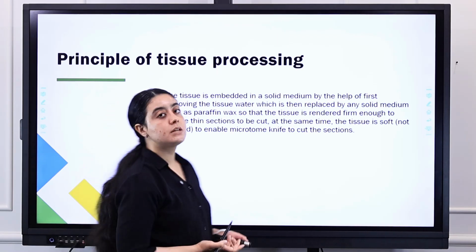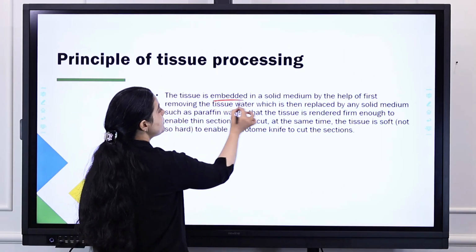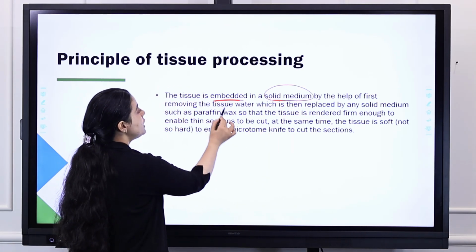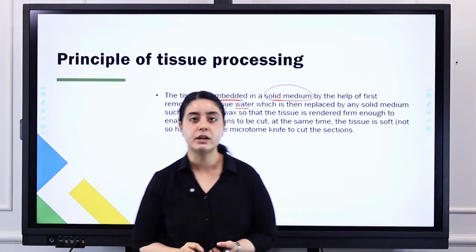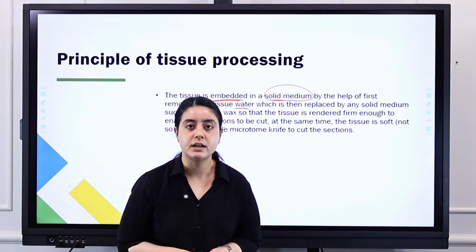So what is the principle of tissue processing? The tissue is embedded into a solid medium by first removing the tissue water. See, when we receive a tissue sample in the laboratory, it has some water content, some fluid content in it.